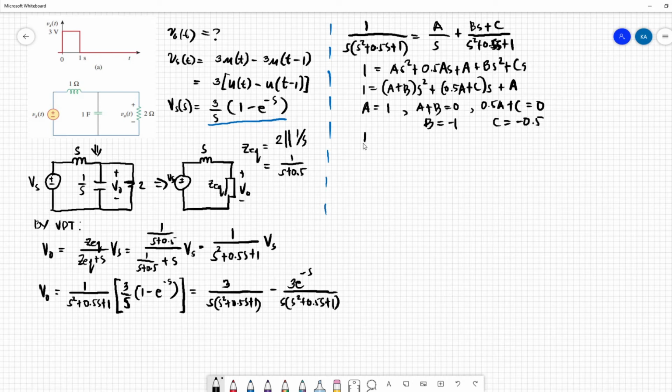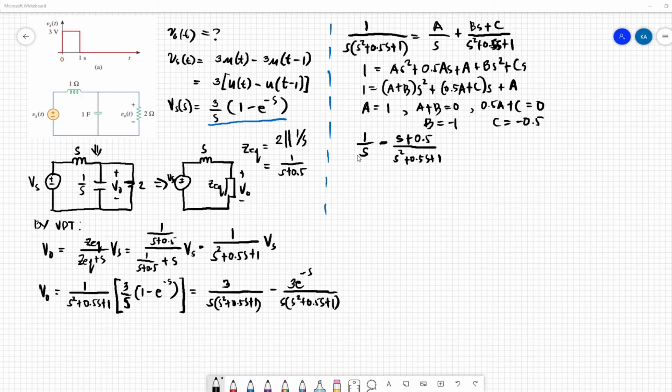So we have 1 over s minus s plus 0.5 over s squared plus 0.5s plus 1.